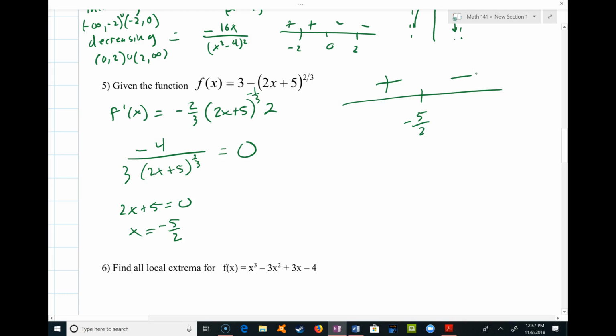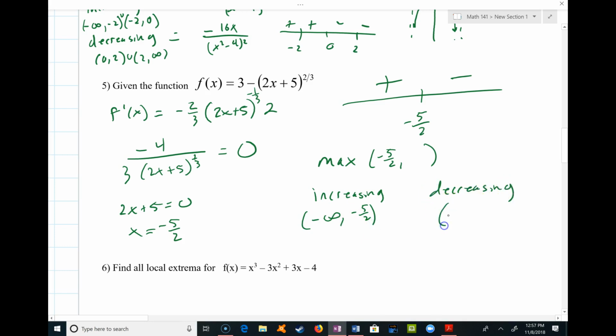So it looks like we have a maximum at negative 5/2, comma something. It looks like I'm increasing from negative infinity to negative 5 halves and decreasing from negative 5 halves to infinity.